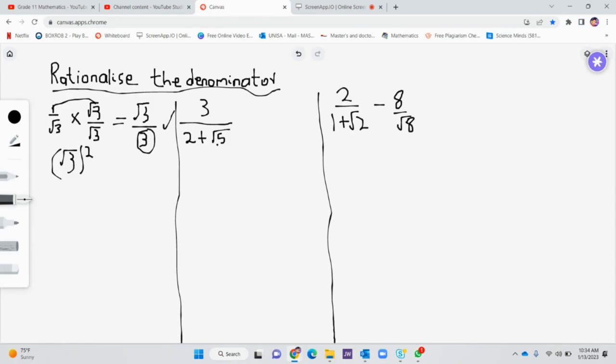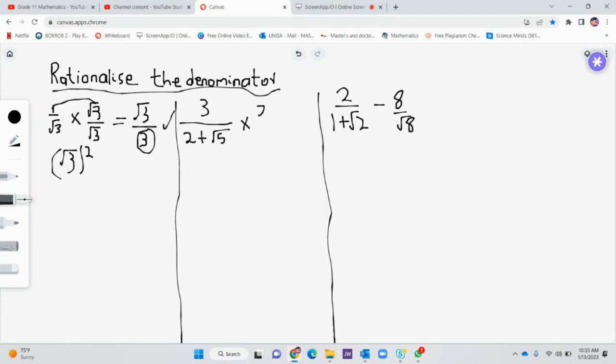Then the next one, yes, this needs to be rationalized because the denominator happens to have a surd form, which is square root of 5. So we need to rationalize that. Still, we're going to multiply by 1. But in this case, since the denominator has 2 terms, what we're going to do is change the sign in the middle. Our 1 will then be the denominator as it is, but with a changed sign.